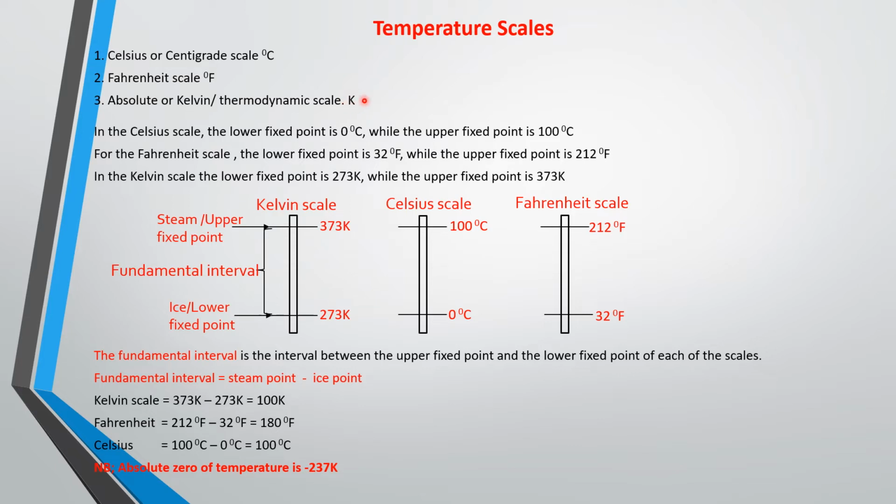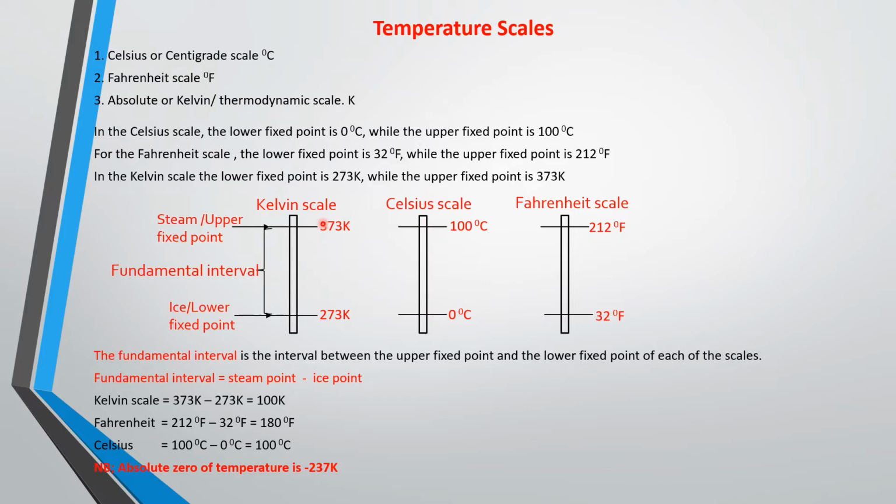That is denoted as K, the Fahrenheit scale as degree Fahrenheit, and the centigrade scale as degree centigrade. So in the Celsius scale, the centigrade scale, the lower fixed point is 0 degrees, while the upper fixed point is 100 degrees centigrade.